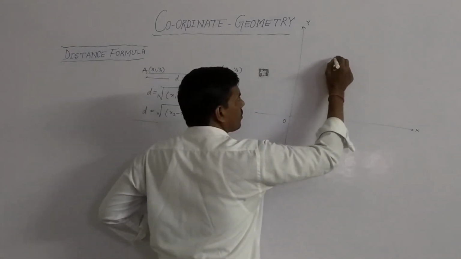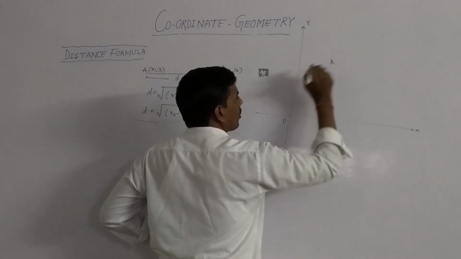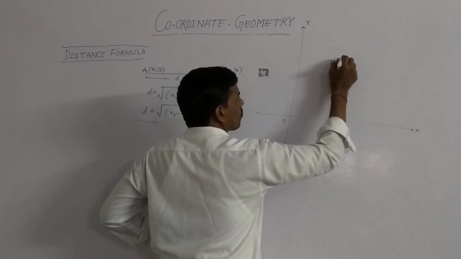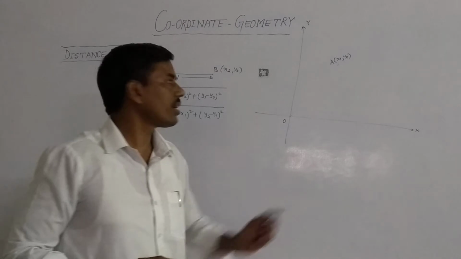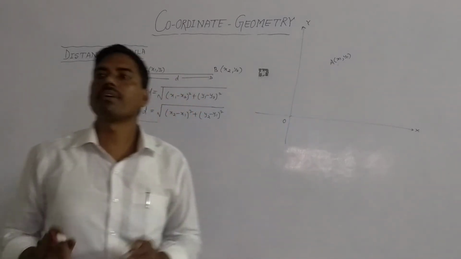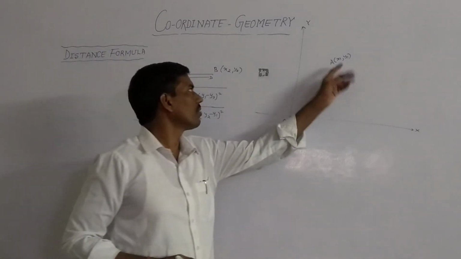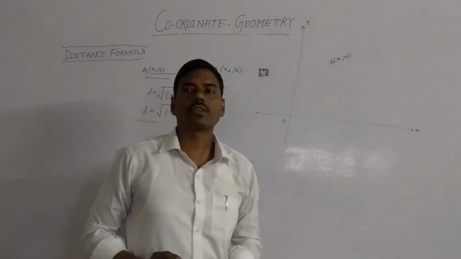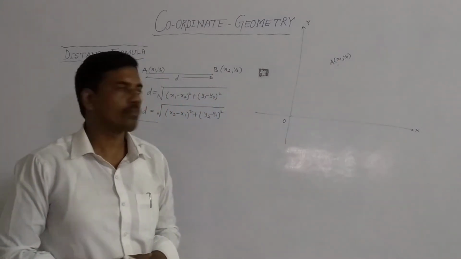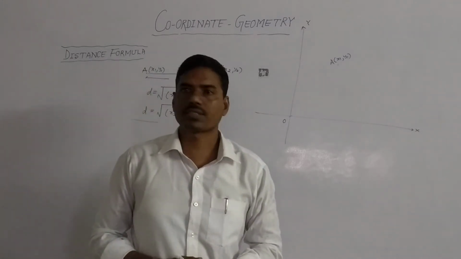Suppose point A is here, with coordinates x1 and y1. We know that x1 is the perpendicular distance of point A from the y-axis, and y1 is the perpendicular distance of point A from the x-axis.